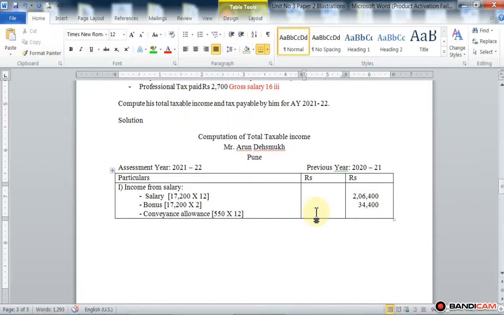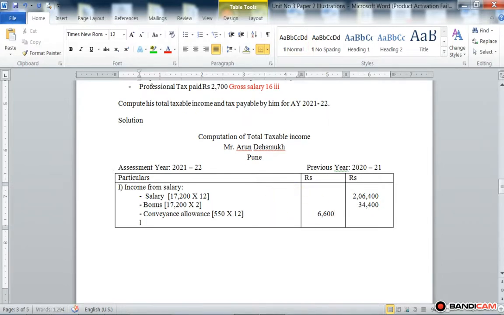Got it? So put the figure in inner column, that is 6,600. 6,600 less exempted 6,600. In outer column the amount is nil.